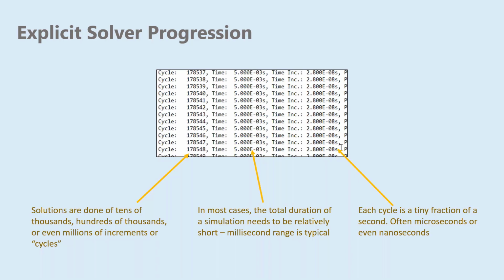So you need to keep an eye on the size of your elements very carefully, because the length of the solve time for your problem is going to be directly related to the length of the smallest element in your model. You can have a really coarsely meshed model, but with one small element in there, that's going to drive up your solve time precipitously.